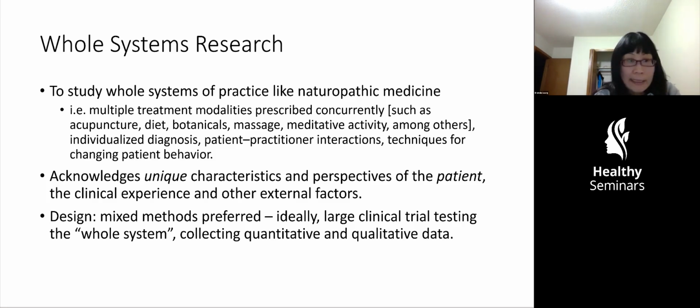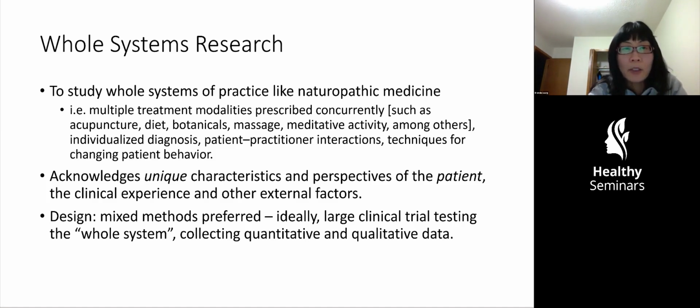So ideally, this would require a large clinical trial to test this whole system. And we would need to collect both qualitative and quantitative data in order to do that.